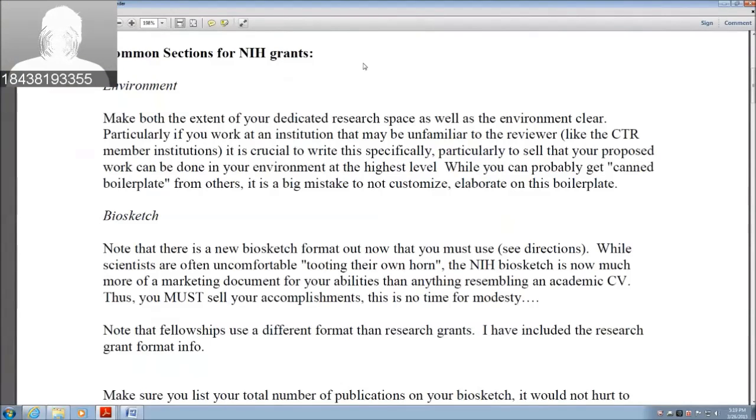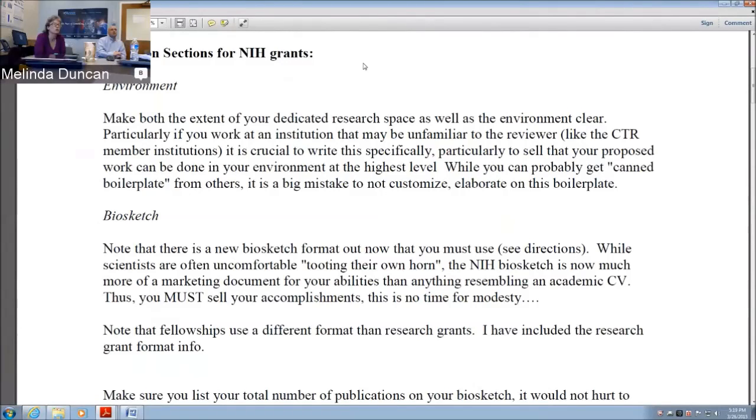It really helps a lot to try to relate your environment to the proposed work. And you really want to sell that it can be done in the environment at the highest level. Now, something that might not be completely PC to say, but it's true, the CTR partner institutions were not necessarily the best known research institutions in the United States.